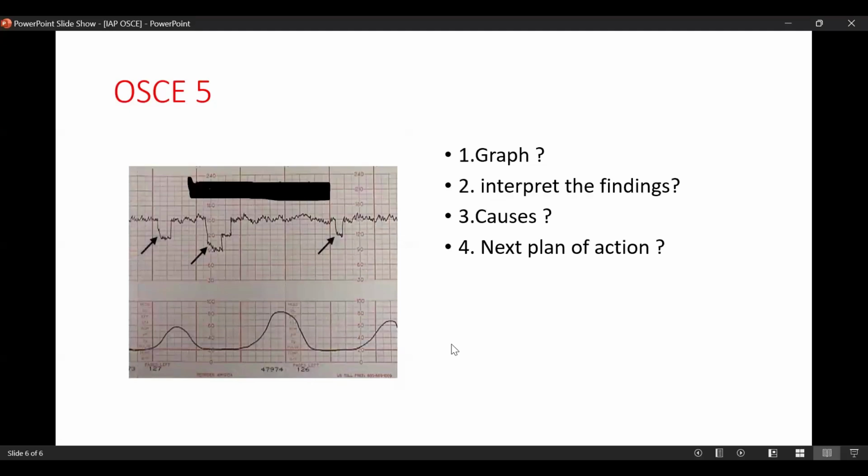So what is this graph called? Yes, it is cardiotocograph, CTG. So what is the baseline heart rate, and can you interpret the findings in this graph?